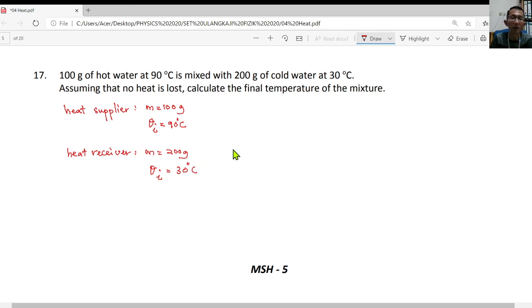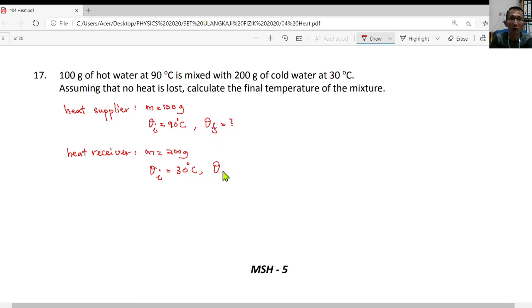All right, so we mix these two together until they are at thermal equilibrium, meaning to say that the final temperature must be the same. Here I don't know my final temperature.